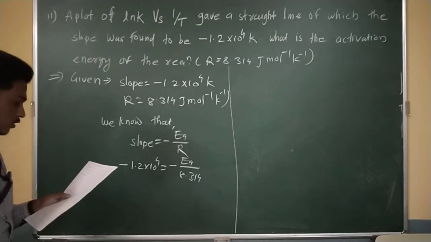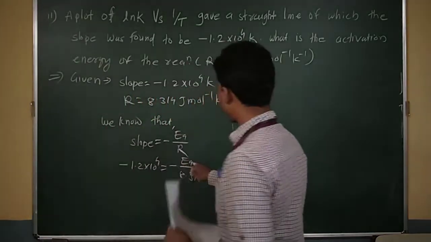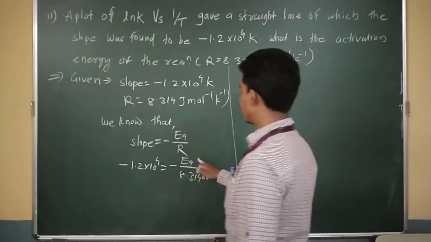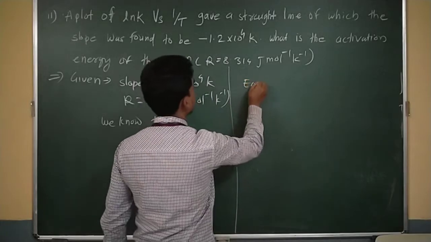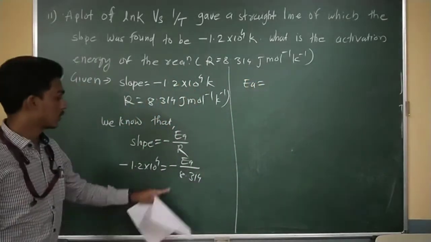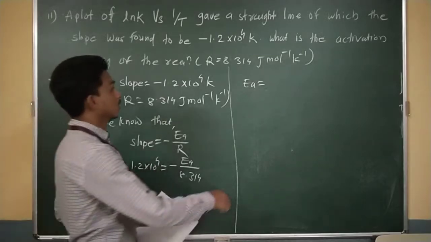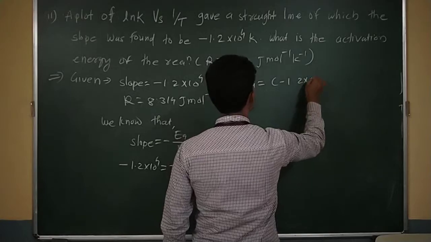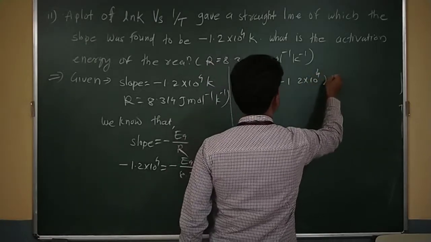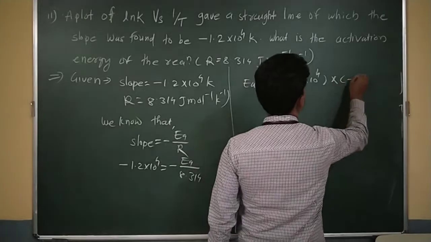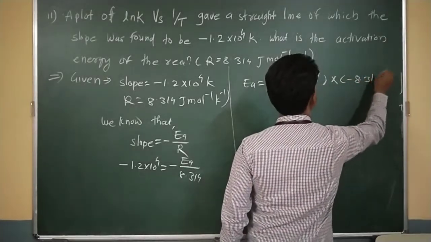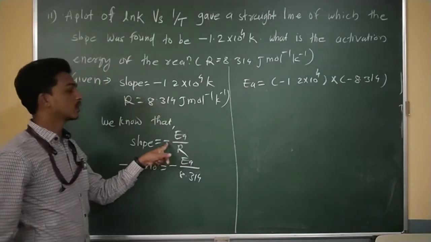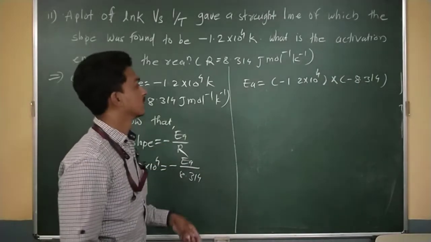Okay. So I want to solve this and find out the energy of activation. For finding the energy of activation, I will rearrange these equations like that: minus 1.2 into 10 raised to 4, into minus 8.314, because the minus sign is in the formula, that's why this value is minus.